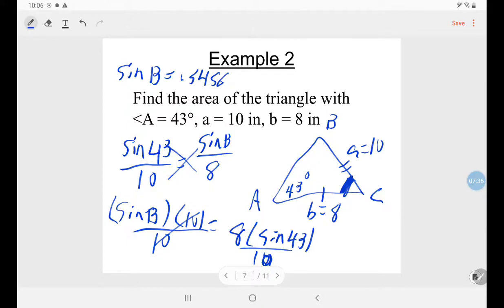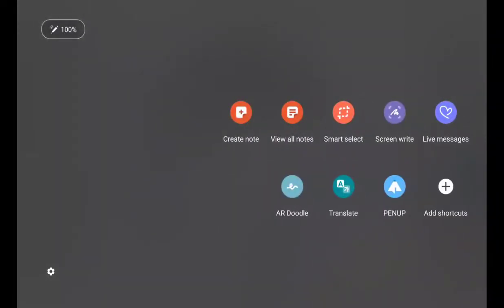So then to find angle B, I just take the inverse sine of that. And when I do that, I'm going to get an angle of about 33.065, or I'm going to call it 33.07 degrees.